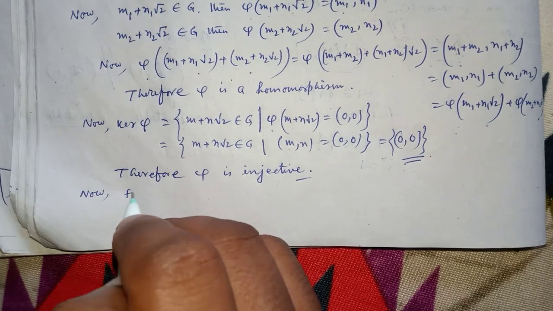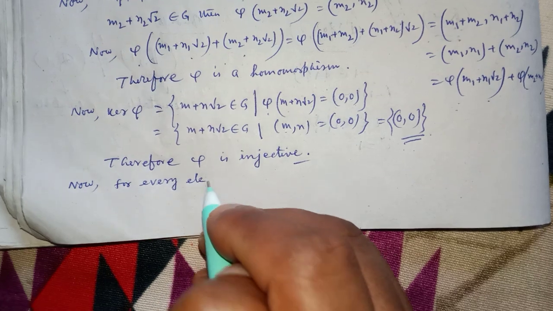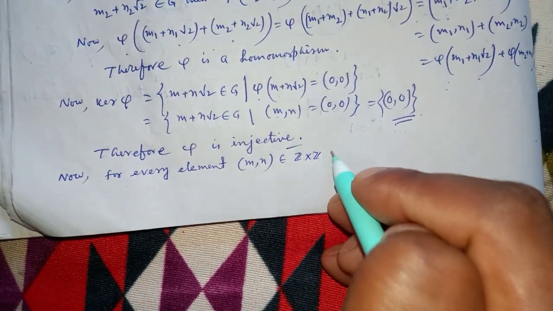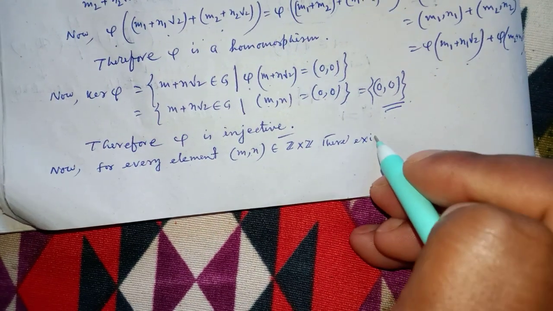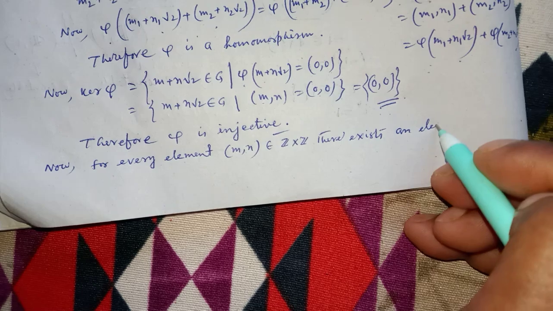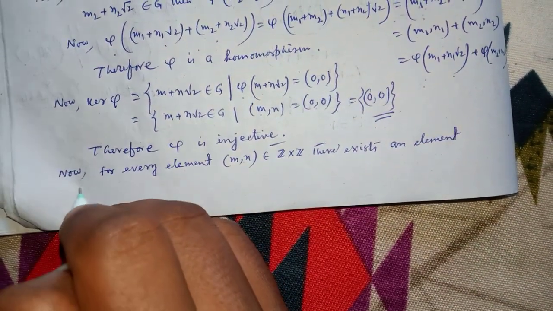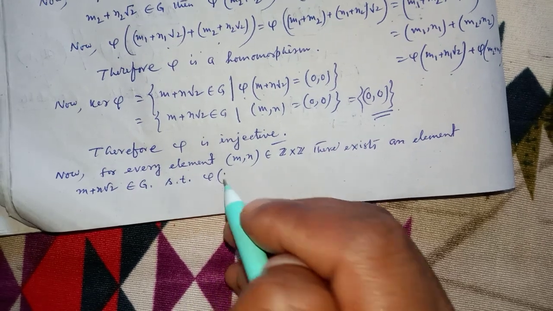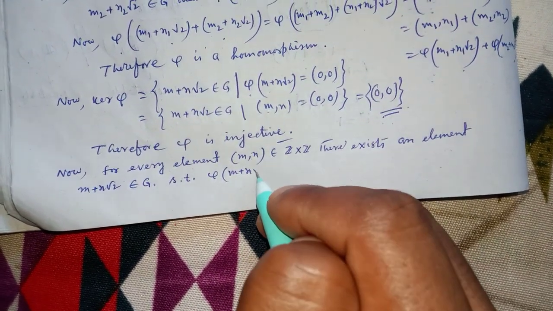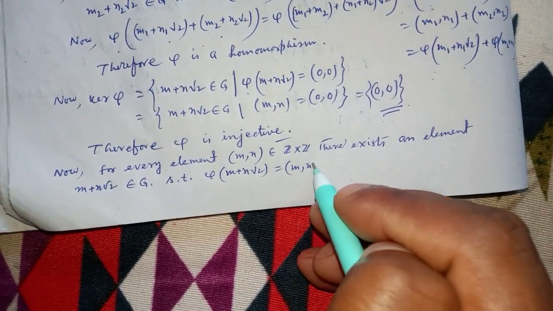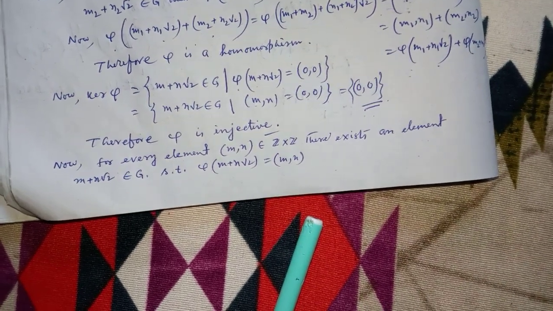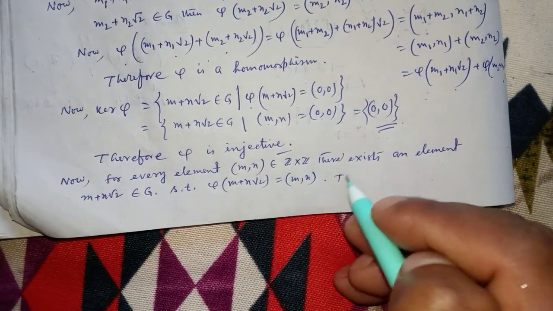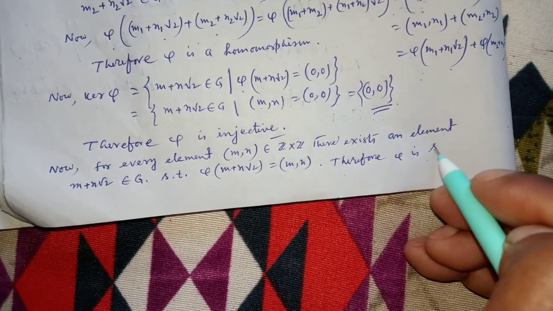Now for every element m comma n belongs to Z cross Z, there exists an element m plus n root 2 belongs to G such that phi of m plus n root 2 is equal to m comma n, that is, every element in Z cross Z has a pre-image in G. Therefore phi is surjective.